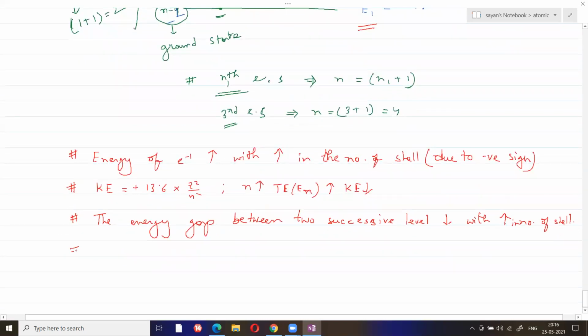And fourth, the n1-th excited state. If the n1 excited state is given, then the n value is basically n1 plus 1.